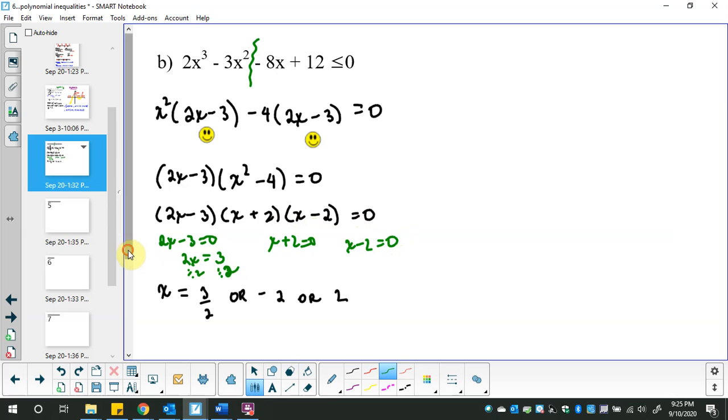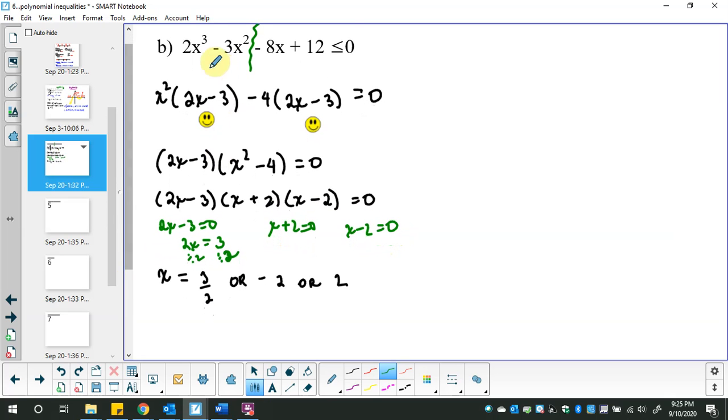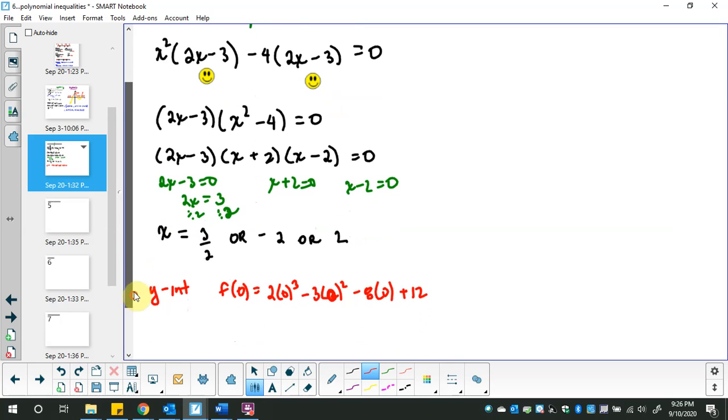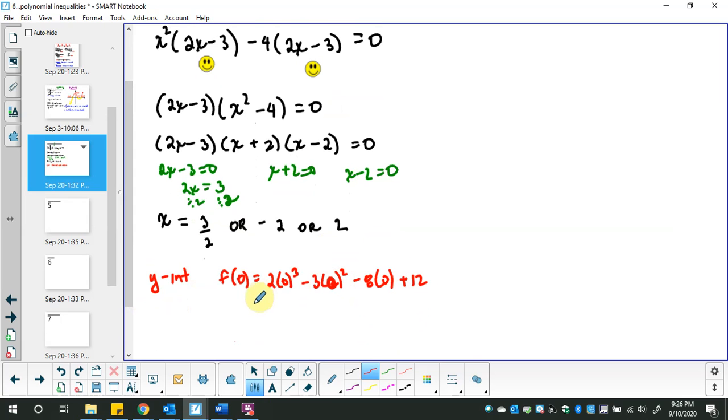And because I want to use method 2, I'm going to take this statement right here, and I'm going to try to find the y-intercept. 2 times 0 cubed minus 3 times 0 squared minus 8 times 0 plus 12 is equal to 0 minus 0 minus 0 plus 12, which is 12.